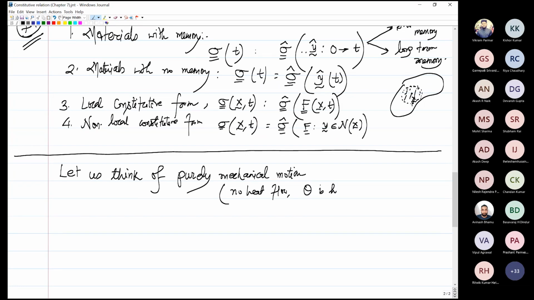Theta is homogeneous and does not change with time. So if that is the case, how will the equations finally modify? The continuity will be the same, all the equations will be the same, but some of the equations will get trivially satisfied.